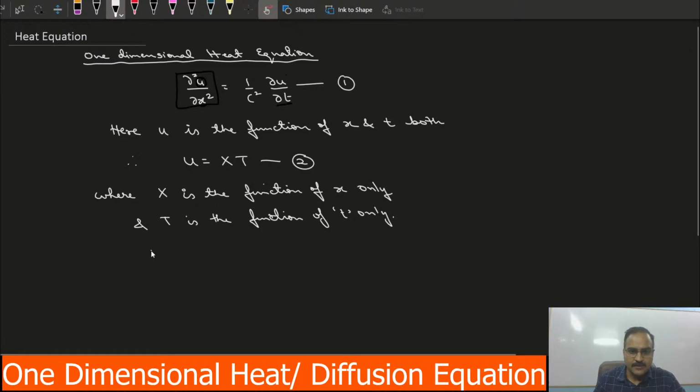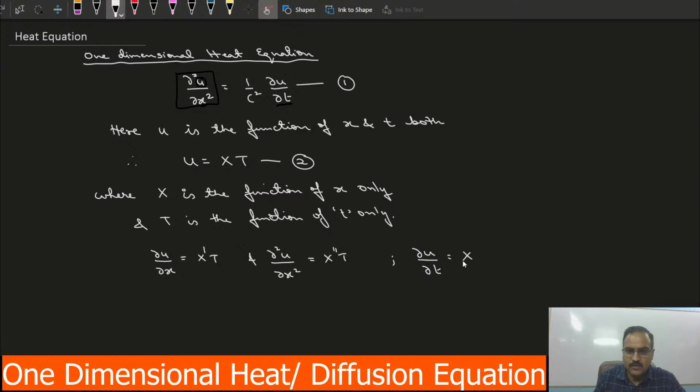So we can write ∂u/∂x as X'T and ∂²u/∂x² as X''T, as well as ∂u/∂t as XT'. Now I am substituting all the values in equation number 1. So equation 1 reduces to X''T = (1/c²) XT'.